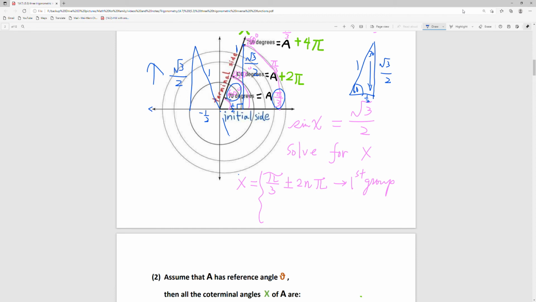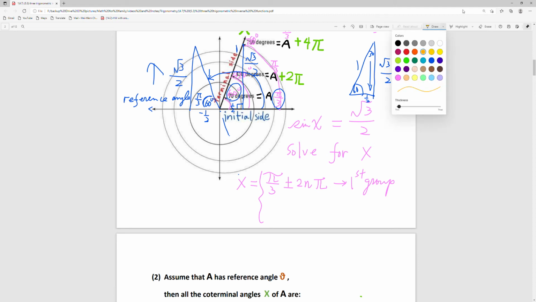So how big is this angle? You will agree this inside is 60, but this we call the reference angle. The reference angle is pi over 3, or we say 60 degrees. But this angle is not 60. Obviously, this angle will be from here to here.